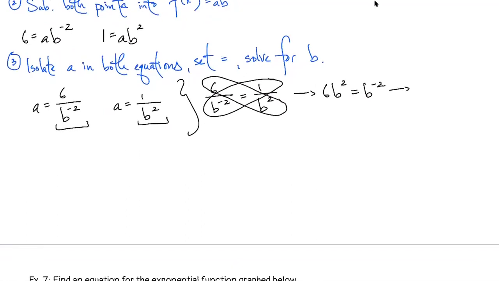I'm gonna try and get all the b's on one side. So in order to do that, I'm gonna go ahead and take this b to the -2, I'm gonna divide it to the other side, okay? At the same time, I'm gonna move the 6. How do I move the 6 that's on the left-hand side to the right-hand side?